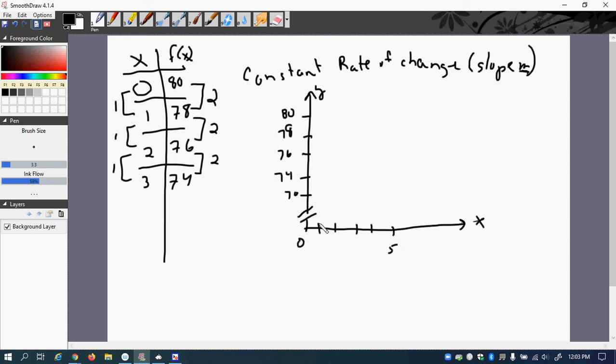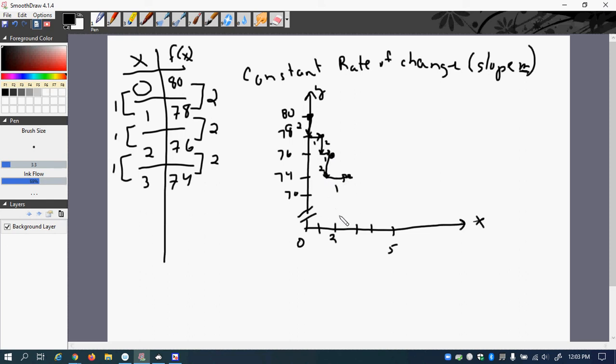Now when I put the points in, I can see this setup. I have a point over 1 up 78, then over 2 up 76, over 3 up 74. As you look at it, it's going down 2 and over to the right 1.